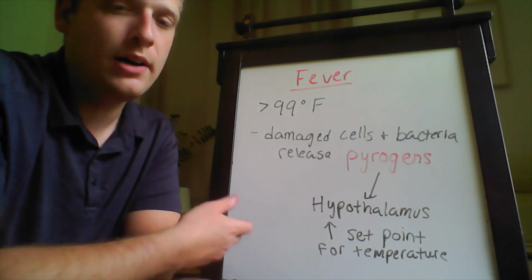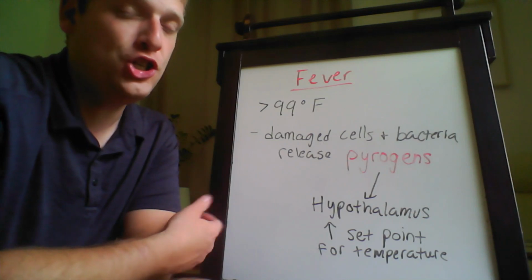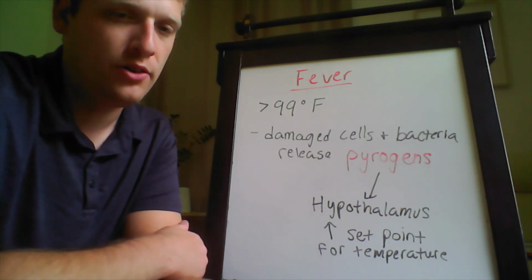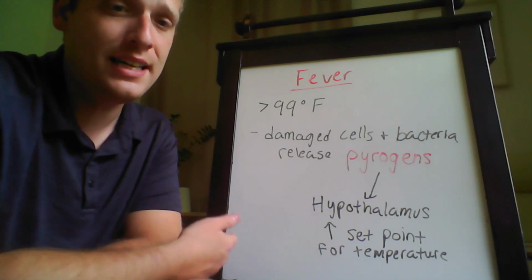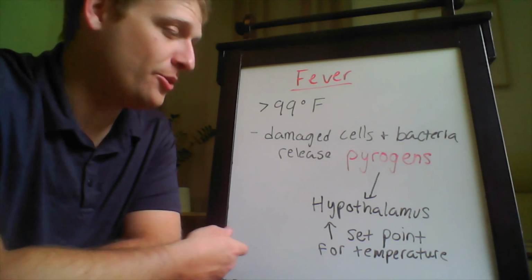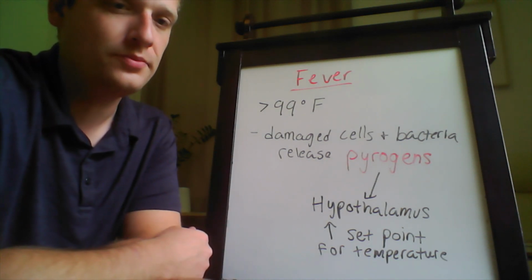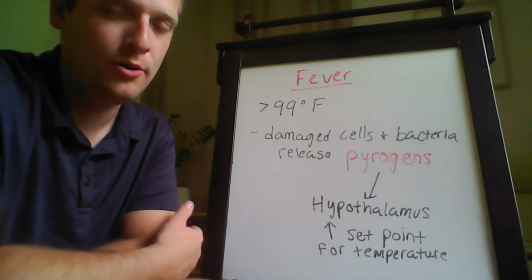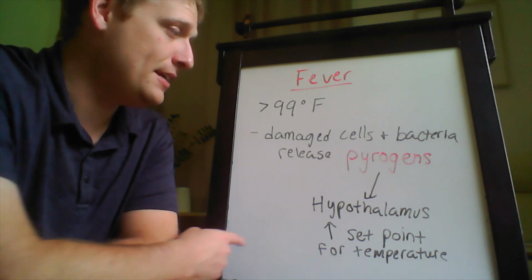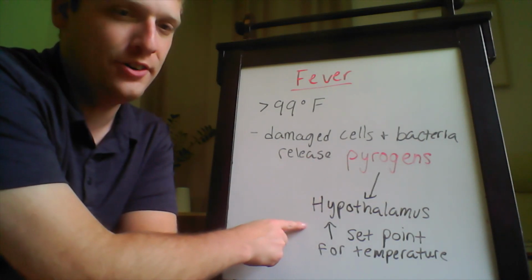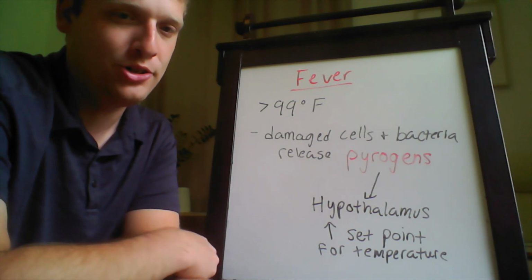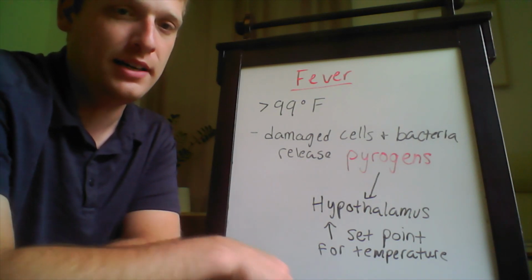So that's why you're going to have chills, for example, this contraction of your skeletal muscles that generates a lot of heat, and that heat is going to raise your body temperature. So the hypothalamus is regulating temperature homeostatically, and those pyrogens just increase the set point. So basically they turn up the temperature on the thermostat of the body.